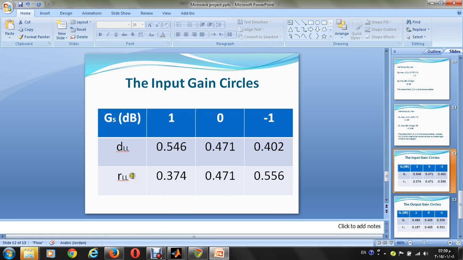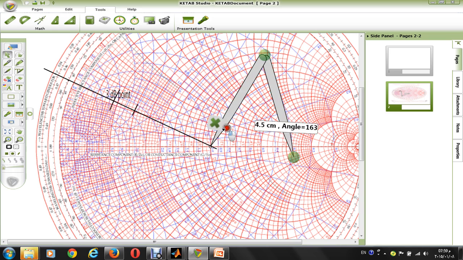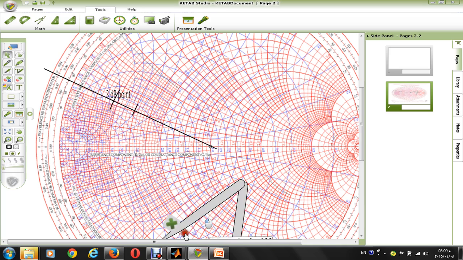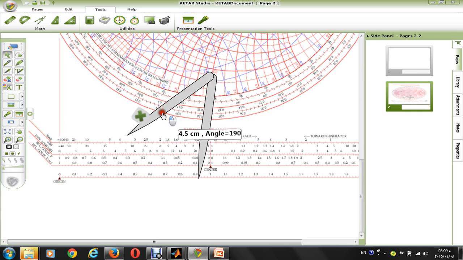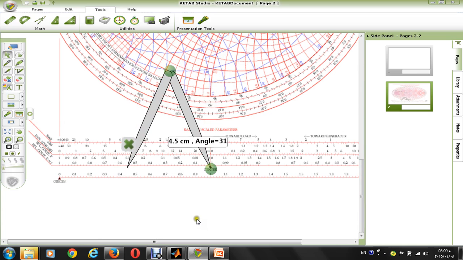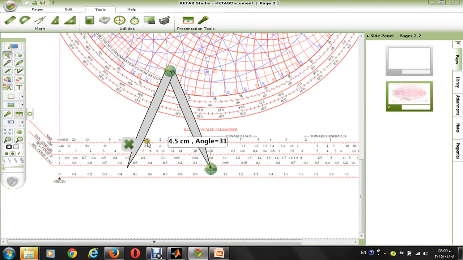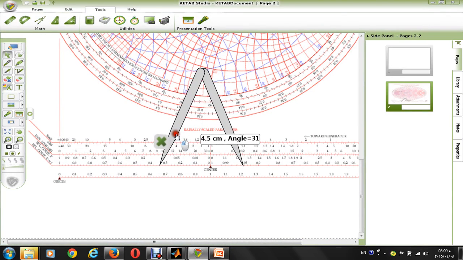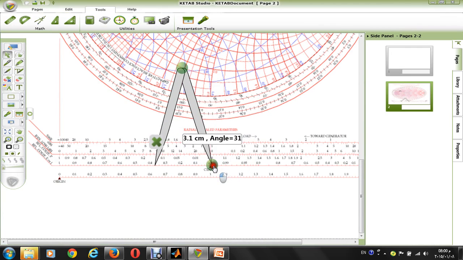I go back here, I find that the radius is 0.374. So I go back to ketab, take the compass, back to the reflection coefficient scale. Okay, how much is it? It's 0.37, which means this is 0.34, 0.36, 0.37. This is it.